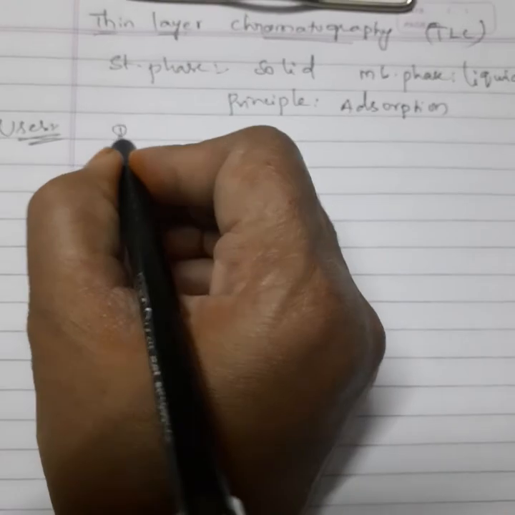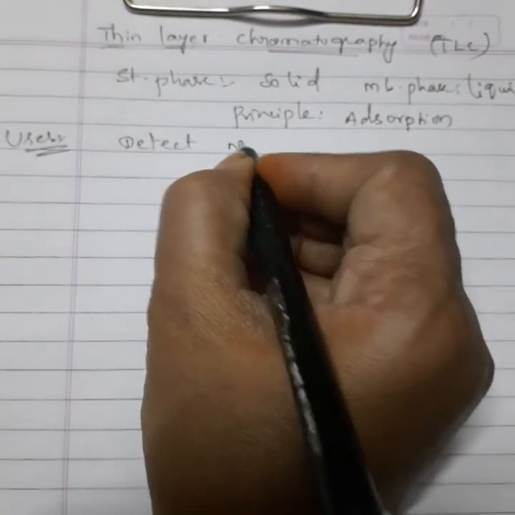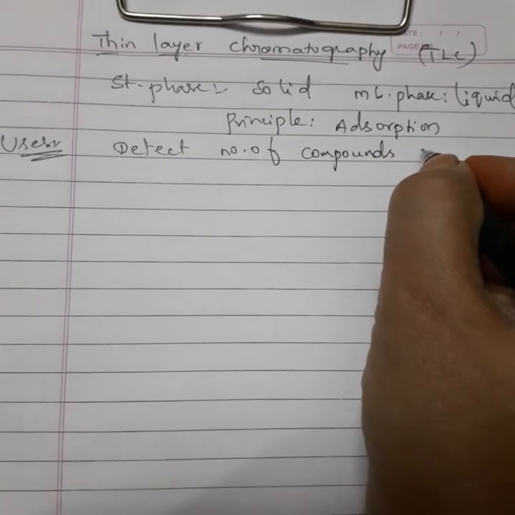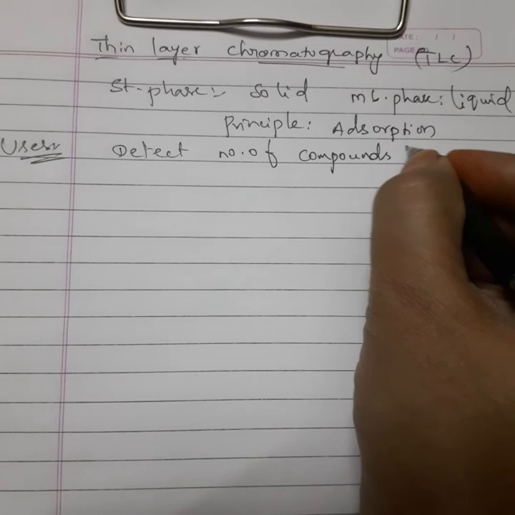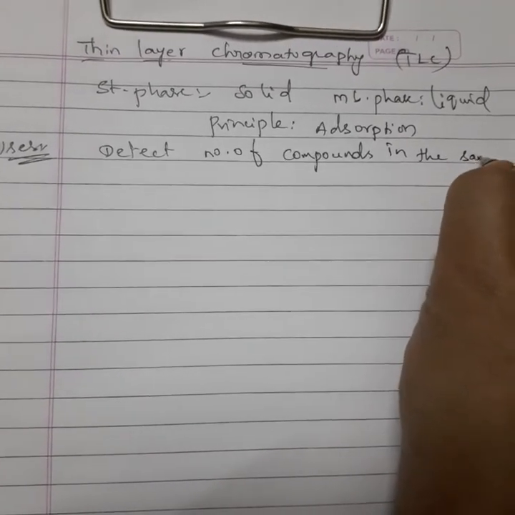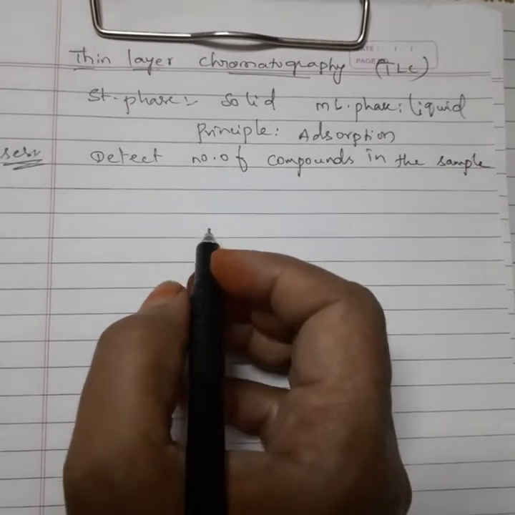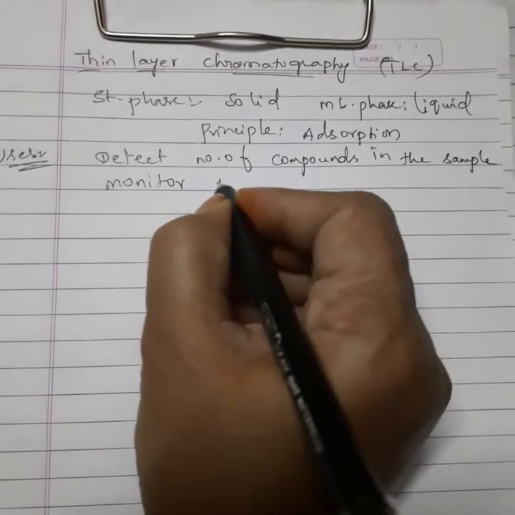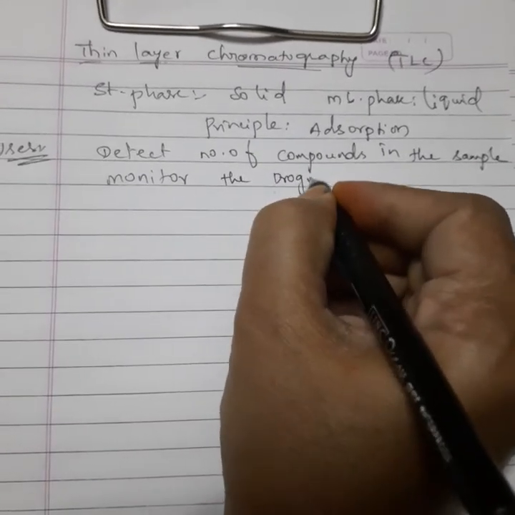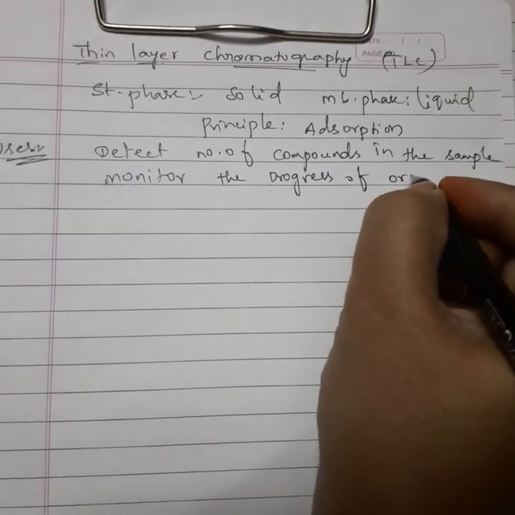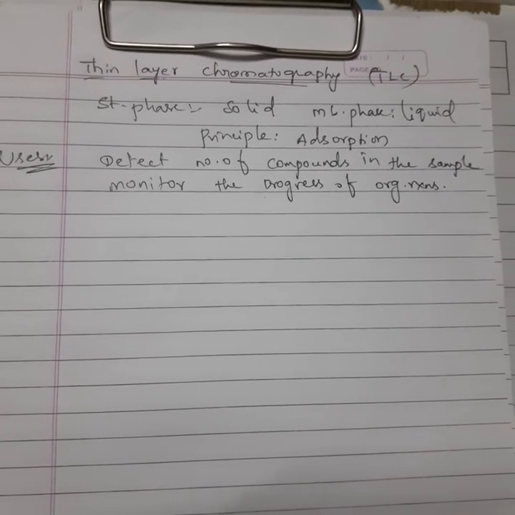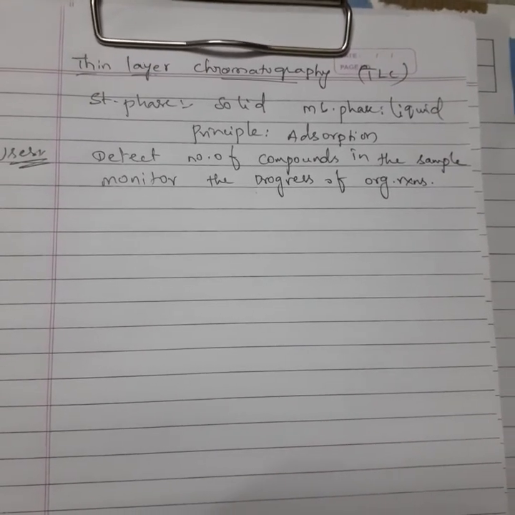Detect the number of compounds in the sample. How many compounds are present in the sample? Next, monitor the progress of organic reactions, meaning after 5 minutes how much product is formed, after 1 hour how much product is formed, or how much reactant is left over.